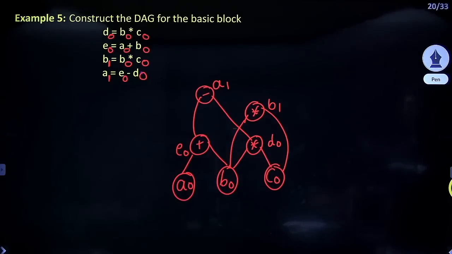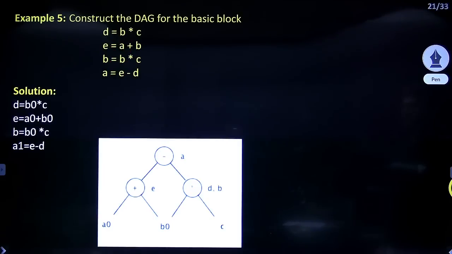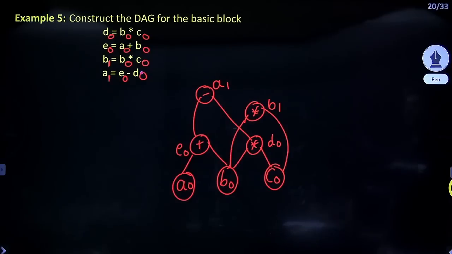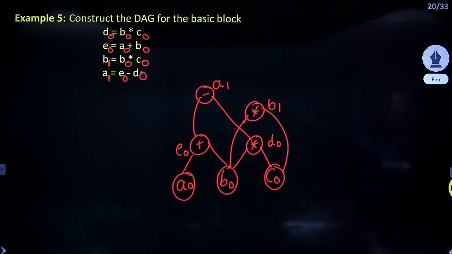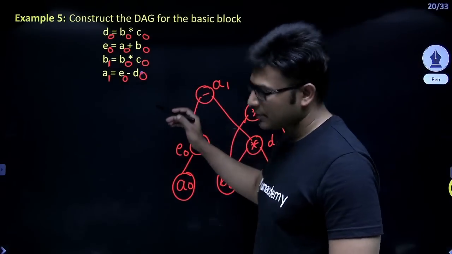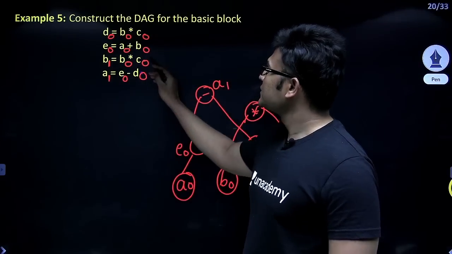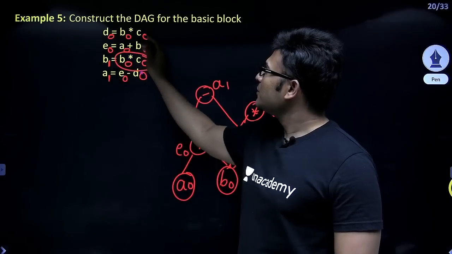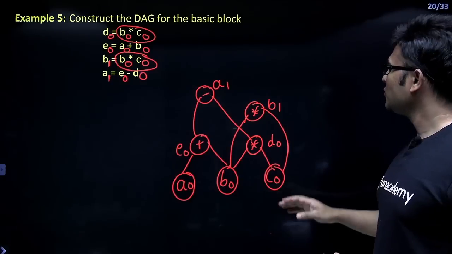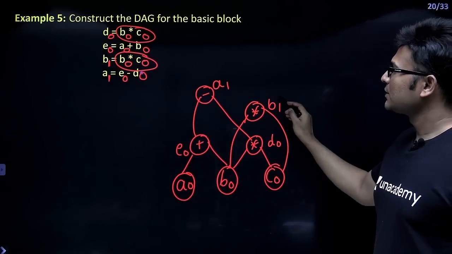Okay, got it? So just cross checking whether whatever we did is right or not. So here there is an expression, right? B into C and B into C are the same, B naught and C naught. So I need not have done this.